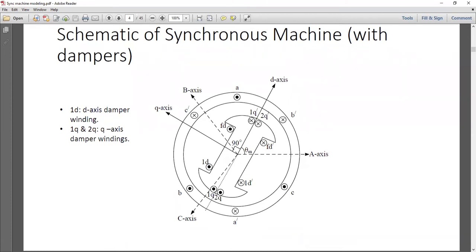And the Q-axis coils are placed in this manner. So what will be the directions of the resulting fluxes for the currents in these coils? Let's say some current is flowing in the D-axis coils out of 1D and going into 1D dash. What will be the direction of that MMF?